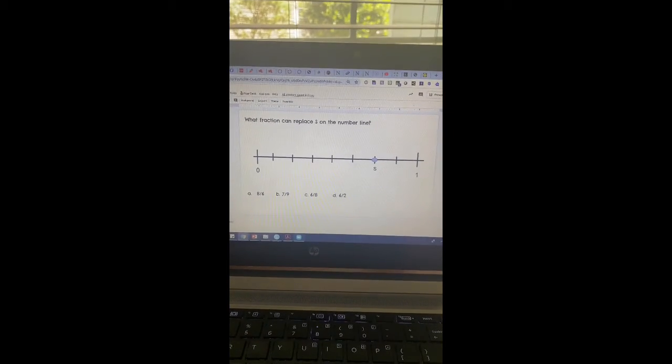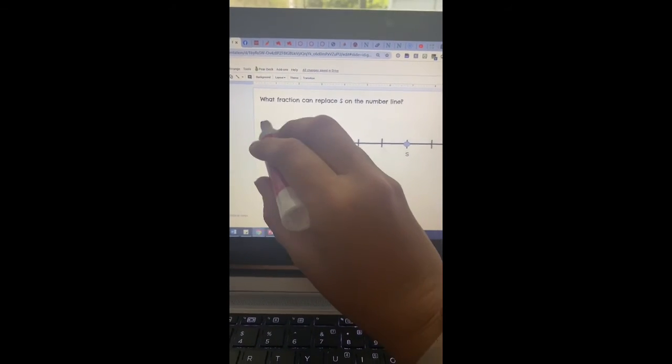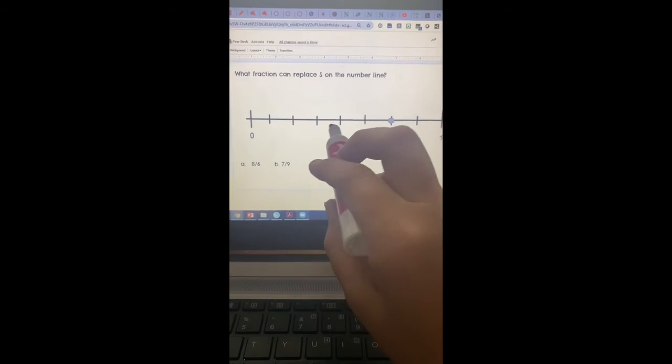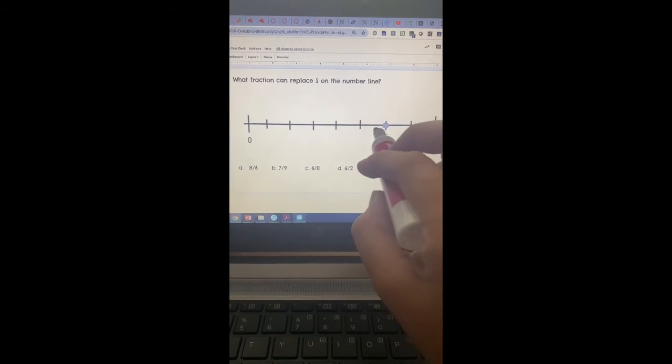All right. What fraction can replace S on the number line? So again, looking at my number line, I should find my what first? The spaces between my whole, right? Yeah, good. All right, so I found my whole. Count the spaces. 1, 2, 3, 4, 5, 6, 7, 8. There are 8 spaces.